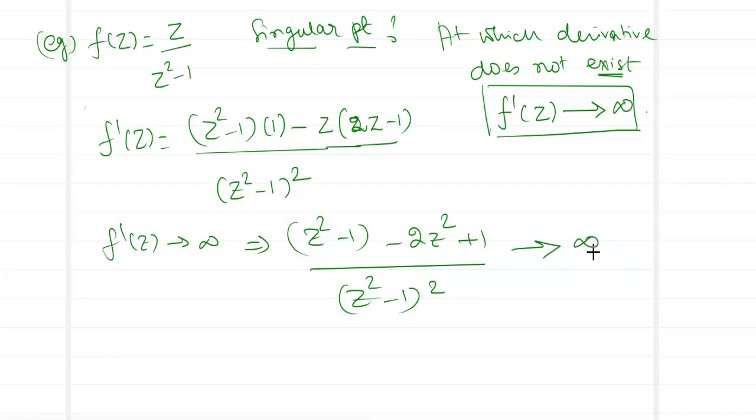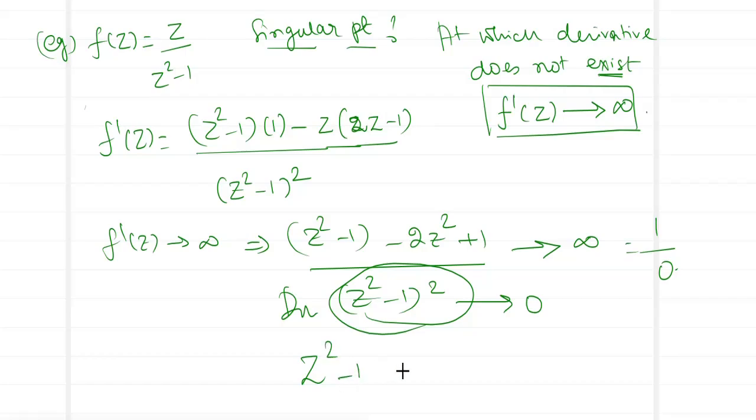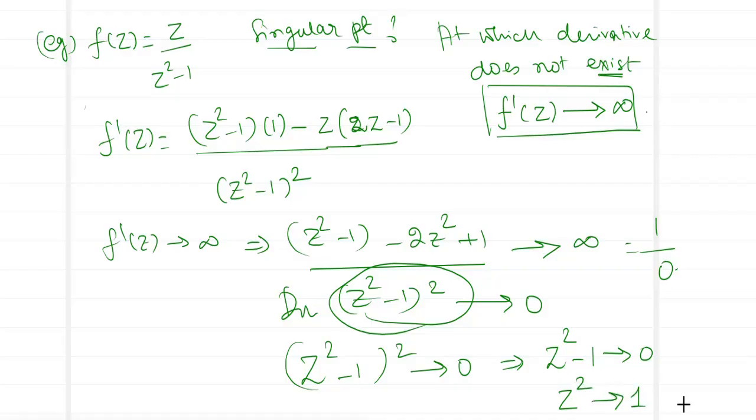How can I write this infinity? It is nothing but 1 divided by 0. In which case, the denominator here has to move towards what quantity? It has to move towards 0. So I have z square minus 1, the whole square, moving towards 0. This implies z square minus 1 moves towards 0, which implies z square moves towards 1, and so z is equal to plus or minus 1 are my singular points.